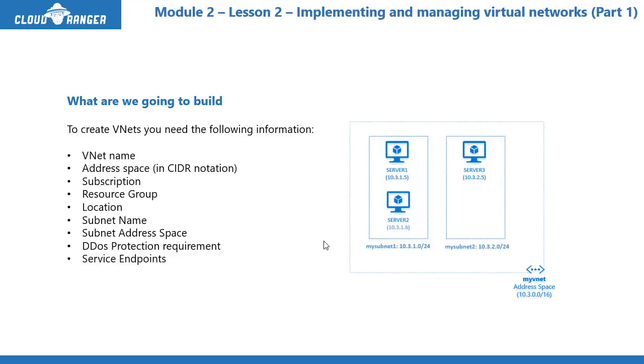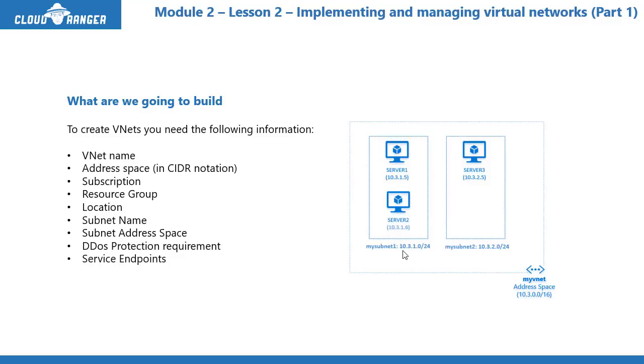Okay. And the next thing is the location. You have to remember where this virtual network will be situated. So, like I mentioned, which Azure region or location, you need that. We need the subnet name. Like I've mentioned, you need at least one subnet to be created in the VNet. So you need a subnet name and you need the subnet space. So this is the one we'll probably start off with, my subnet one, and this is the address space for that subnet.